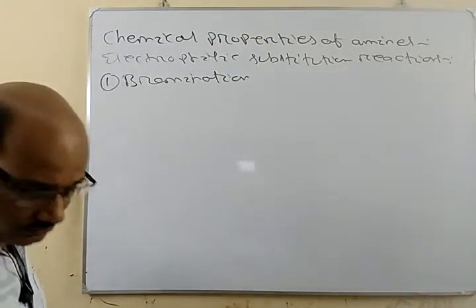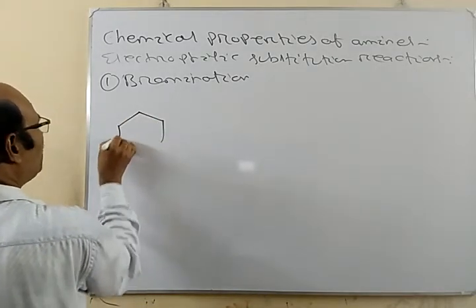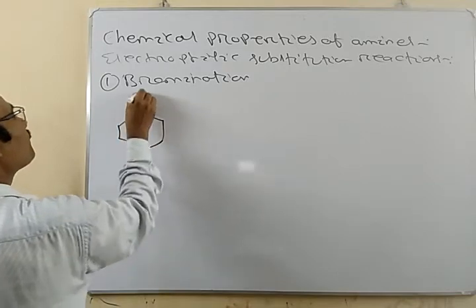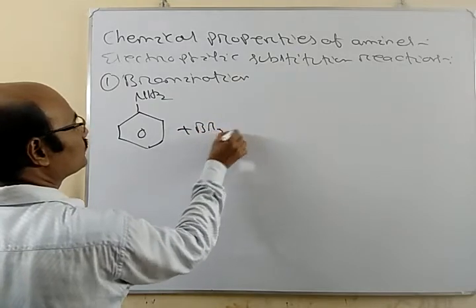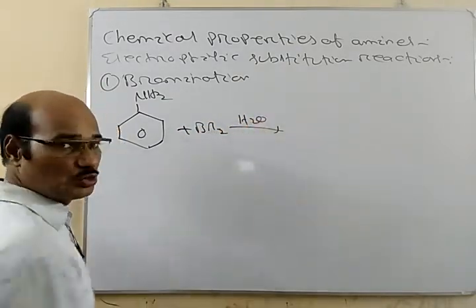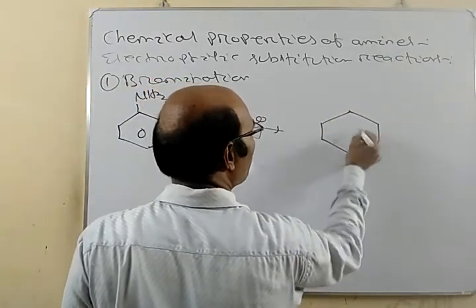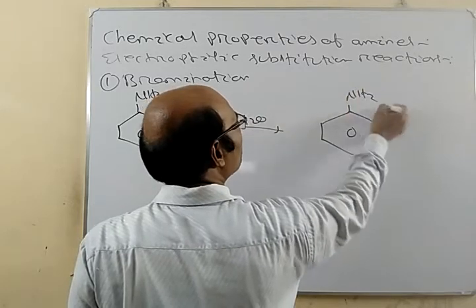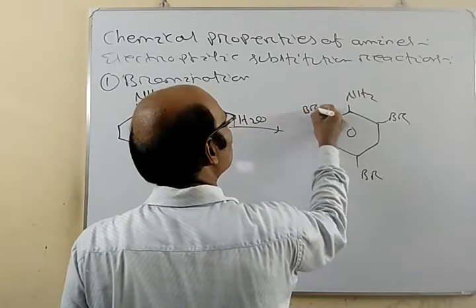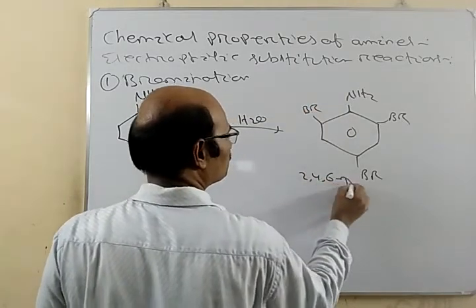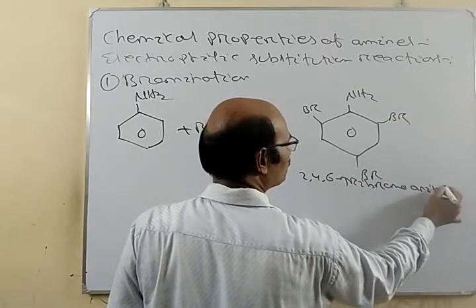So can you see, if I take aniline, okay, plus bromine water, aqueous, we get 2,4,6 tribromoaniline.